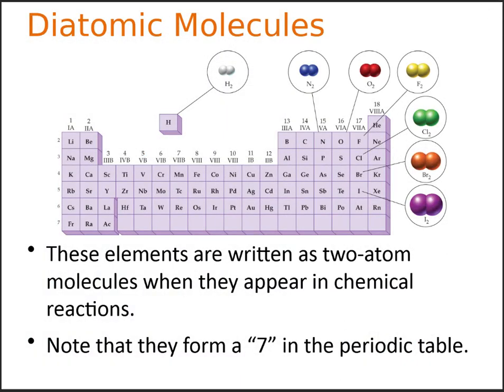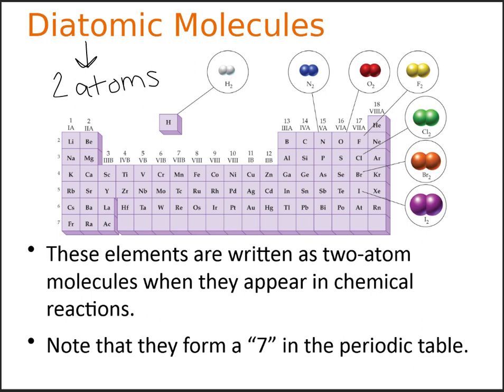Before we get to that, I'm just going to tell you really quickly about diatomic molecules. So what we're talking about is gases that naturally occur in the environment. And they occur as diatomic molecules, which means two atoms. So there's two atoms in one molecule.